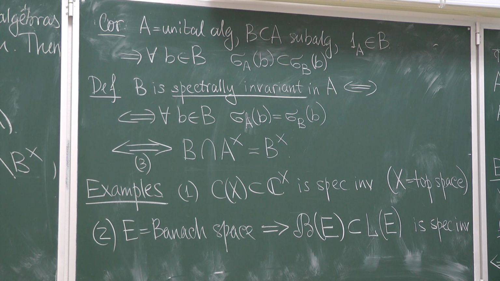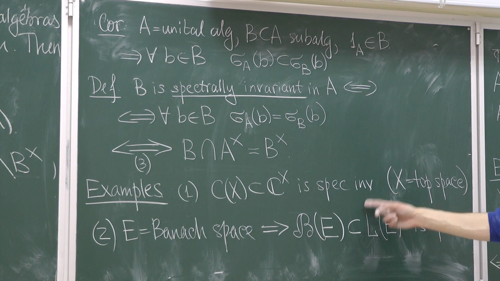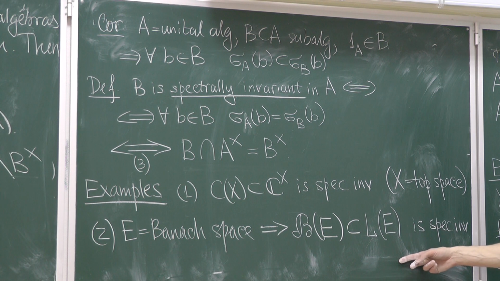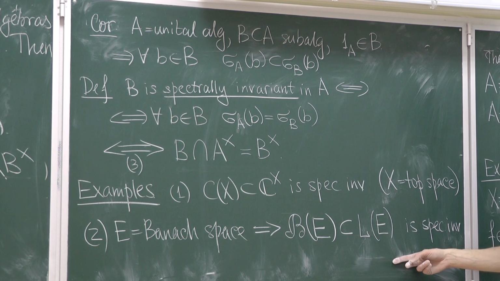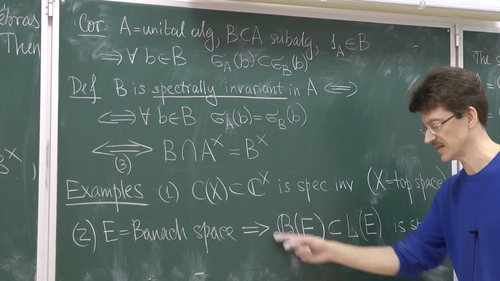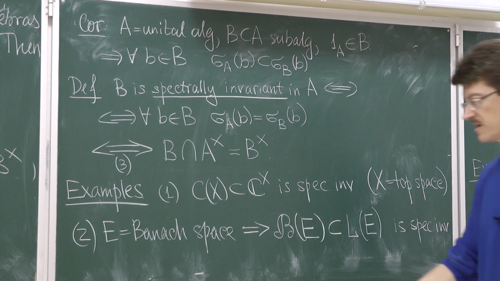This is just an equivalent form of the inverse mapping theorem. If you have a bounded operator, which is bijective, that is, which is invertible in this bigger algebra, then it is a topological isomorphism. In other words, the inverse mapping is also bounded. So this means that our operator is actually invertible in the smaller algebra. So the spectral invariance of this subalgebra is equivalent to the inverse mapping theorem.